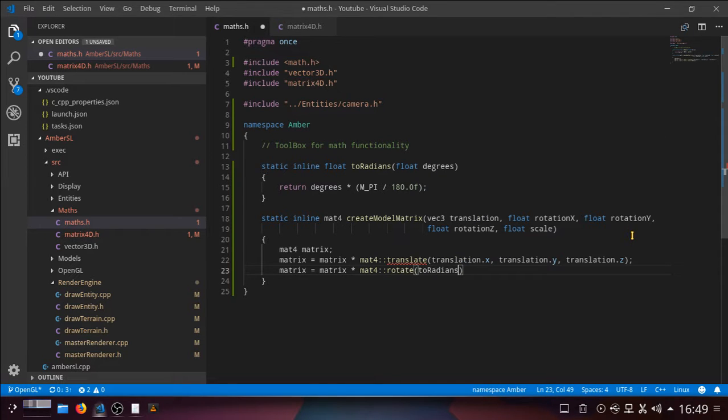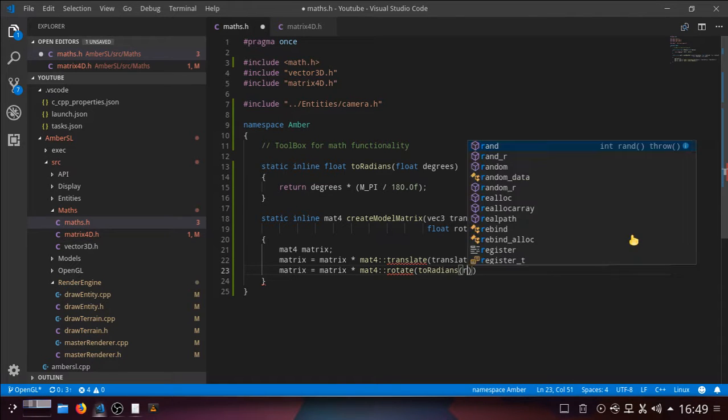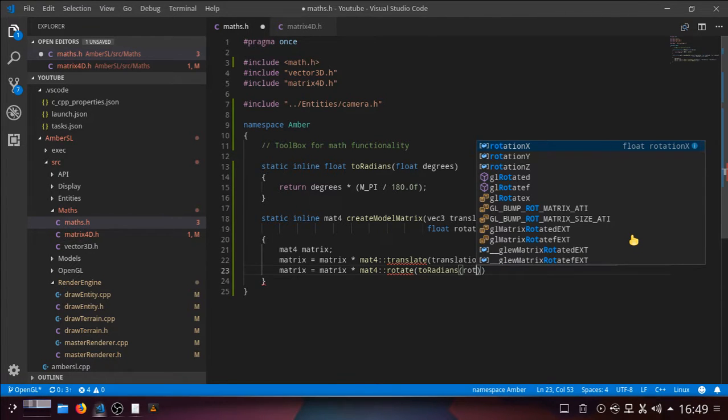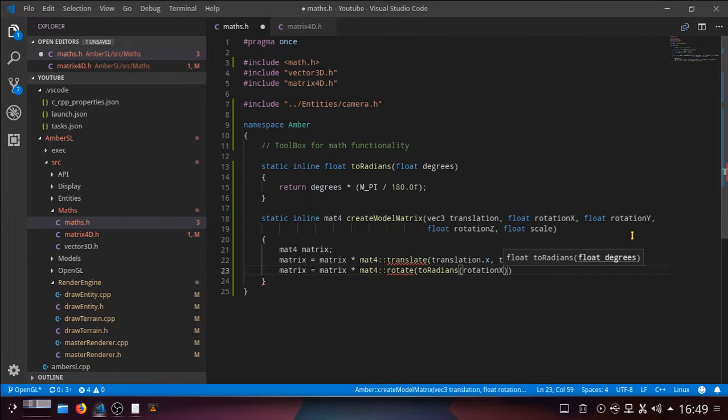Remember, we needed that function, we've just written it. It's going to be rotation x, we'll pop in there. So that's now in radians, that's good news.